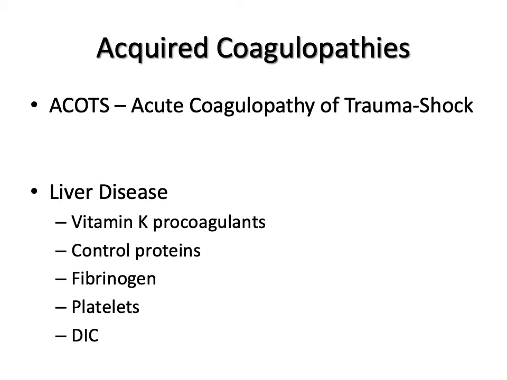Disseminated intravascular coagulation, or DIC, may occur due to decreased production of antithrombin, protein S, and protein C by the liver. In DIC, the protime, PTT, thrombin time, and D dimers are all prolonged and fibrinogen is decreased.